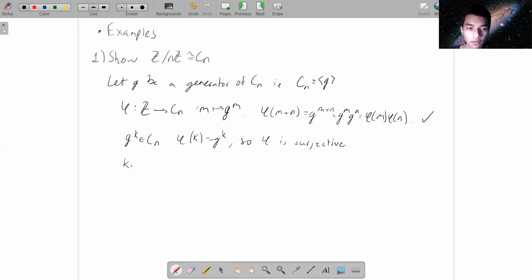Well, indeed, the kernel of phi is the set of integers m such that the order of g divides m. But the order of g is n, by definition of the subgroup. Therefore, this kernel of phi is precisely those integers that are divisible by n, i.e. nZ. Thus, by our all-powerful first isomorphism theorem, we can say that Z mod nZ is isomorphic to Cn.